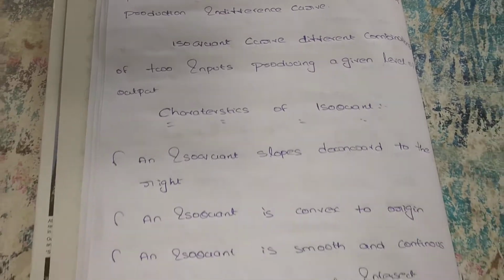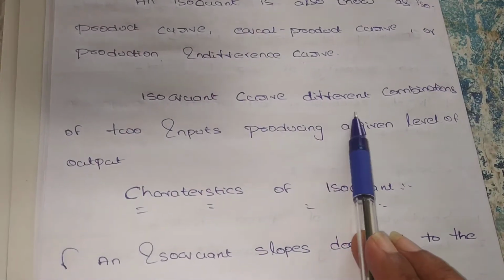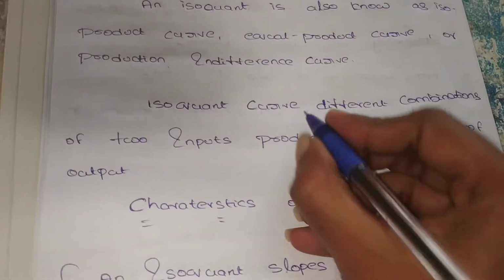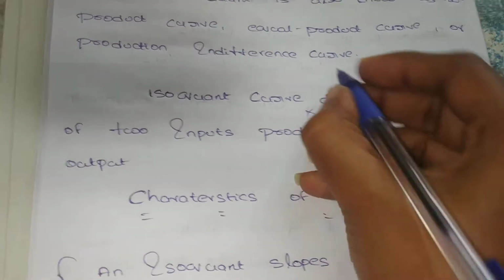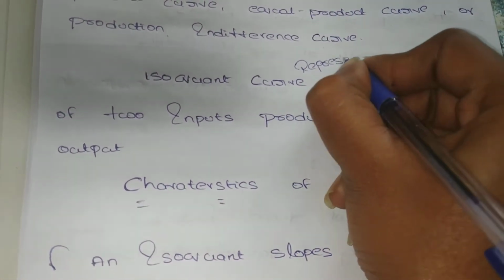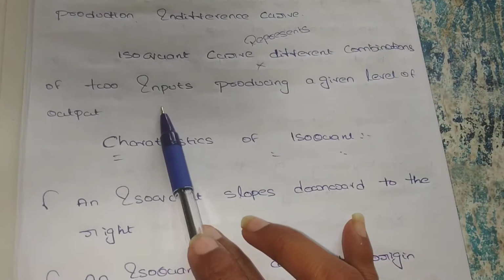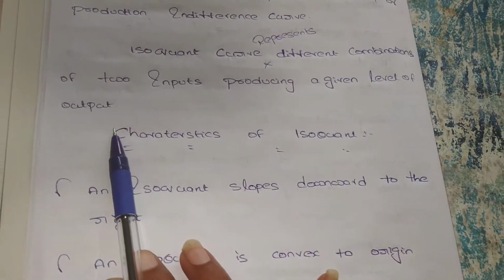So the inputs are changing in different quantities, but the output is the same. So the isoquant curve represents different combinations of two inputs producing a given level of output.